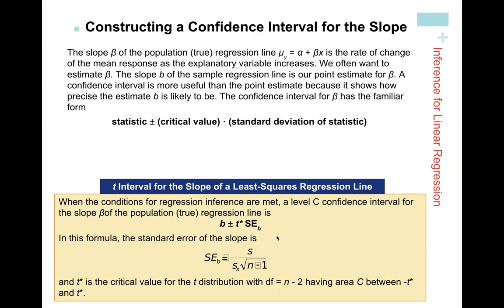Also recall that we have n minus 2. To find your t star, you're just going to use inverse t. Just like we have all year long, we've used inverse t, and we also used inverse norm. Inverse t works the same way. Just be careful that your df is n minus 2.